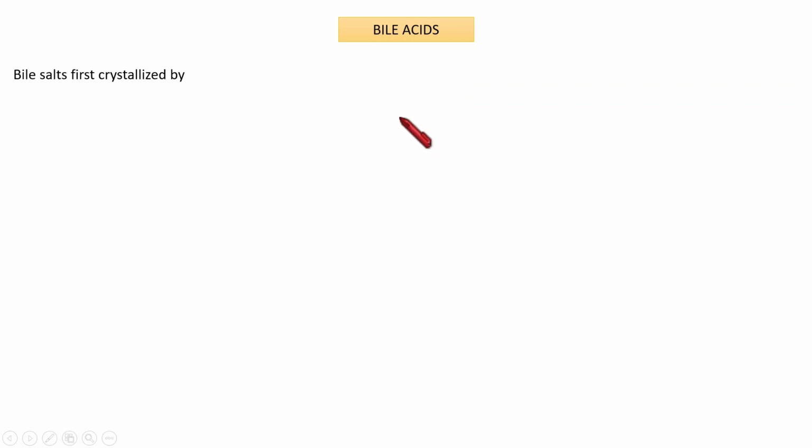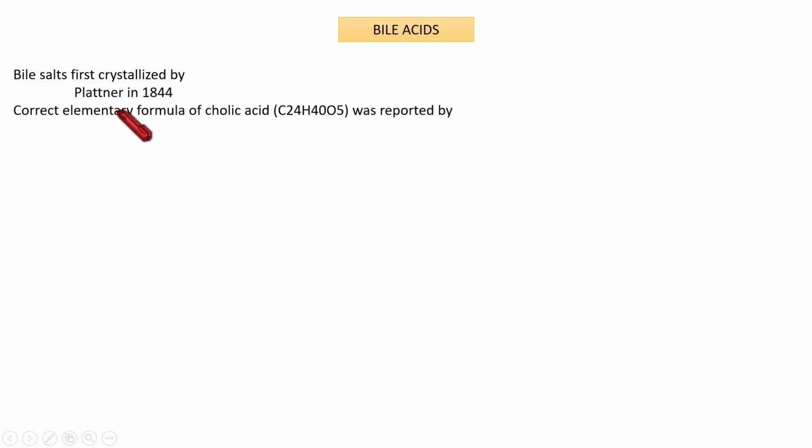So bile salts were first crystallized by Plattner in 1844, and the elementary formula for cholic acid was reported by... what is cholic acid? Cholic acid is the main bile acid present in the bile.